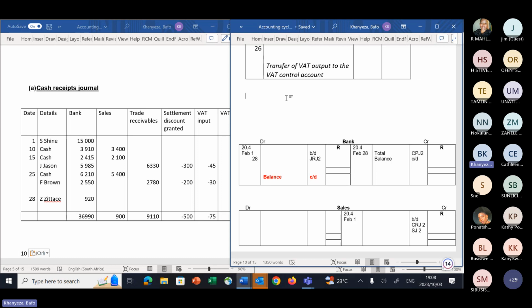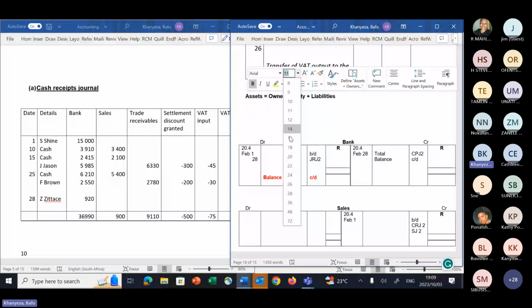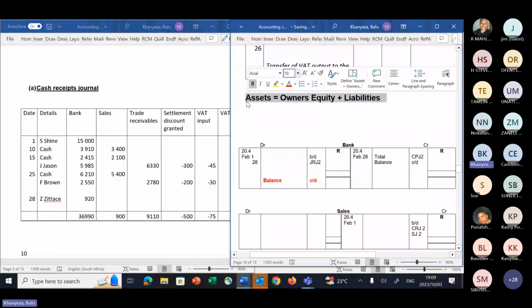The accounting equation, so that it coincides with debits and credits, is assets equal to owner's equity plus liabilities.